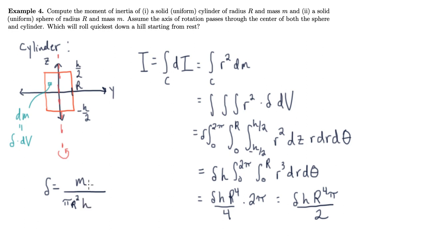So if I just plug in this for delta, notice what I get. The h cancels, 2 of the r's cancel, the pi cancels, and I actually just get 1/2 m r squared. So that is the moment of inertia of a solid, uniform cylinder of radius r and mass m.